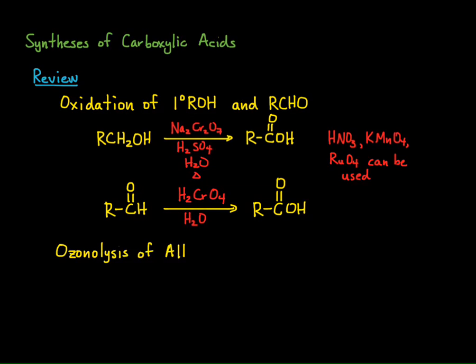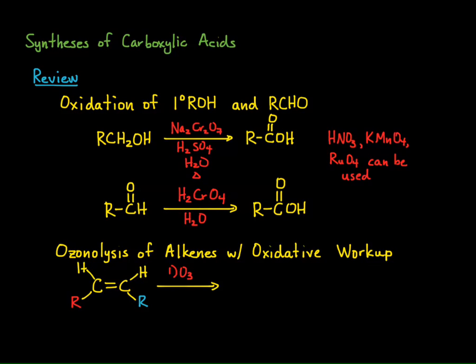Another reaction that we have looked at from last semester was the ozonolysis of alkenes followed by oxidative workup. So if I take a di-substituted alkene and treat it with ozone, I get an ozonide.